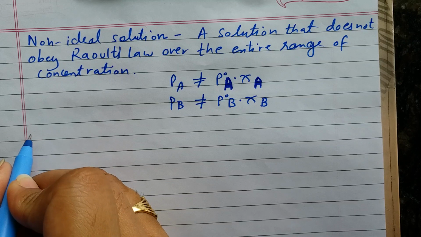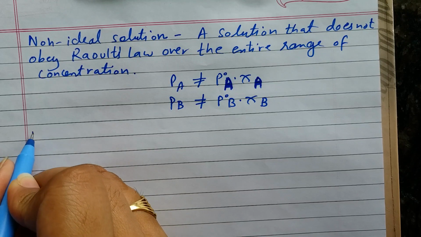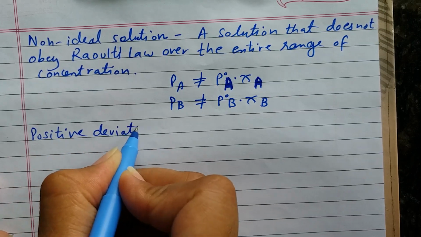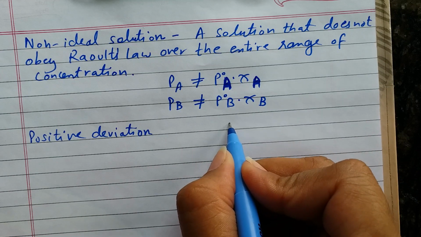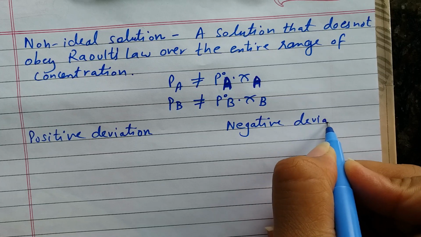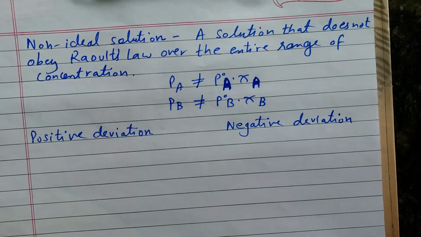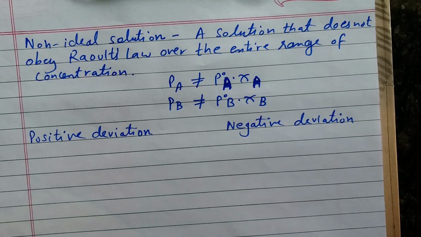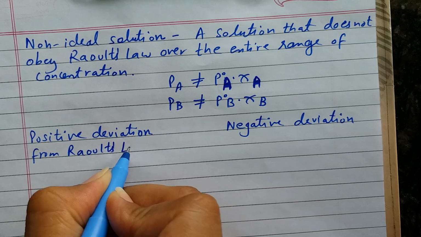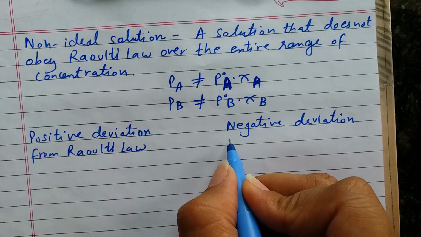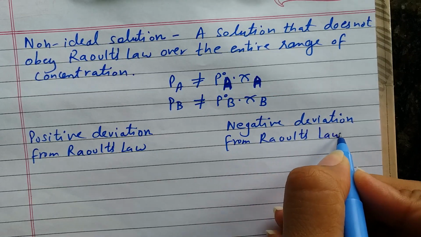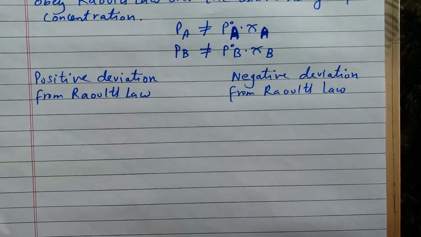The two types are: non-ideal solutions that show a positive deviation from Raoult's law, and second, those solutions that show a negative deviation from Raoult's law. Now let's compare these two with each other.